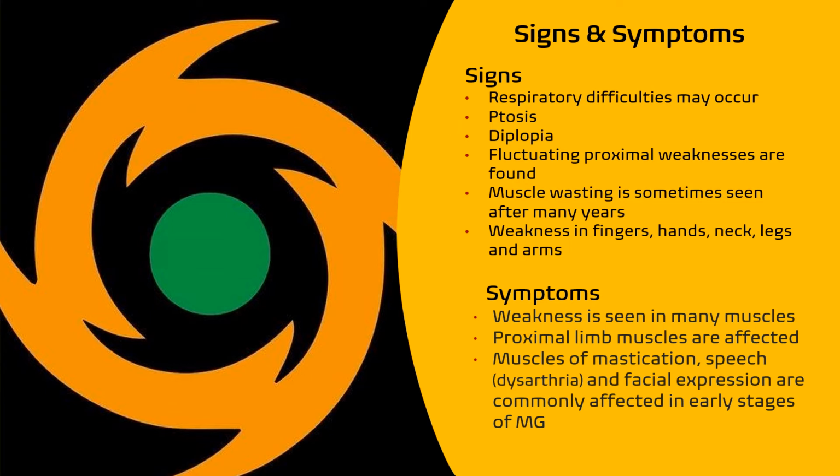In and around symptoms, there can be weaknesses identified in many muscles or muscle groups. There can be proximal limb muscles that are affected. Muscles in and around speech, chewing, which is referred to as dysarthria, and facial expression are commonly affected in early stages of myasthenia gravis.